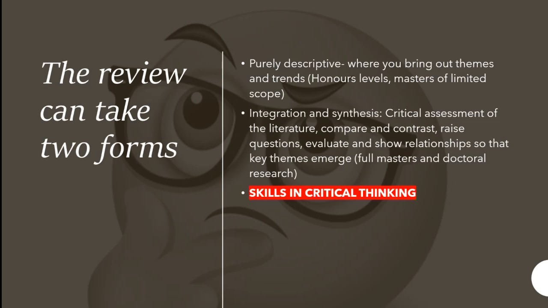That means author A said this, author B said that, author C said this, author D said that. You need to get to a stage where you start critically assessing the literature, comparing and contrasting, and that's higher order thinking: raising questions, evaluating and showing relationships so that the key themes emerge.